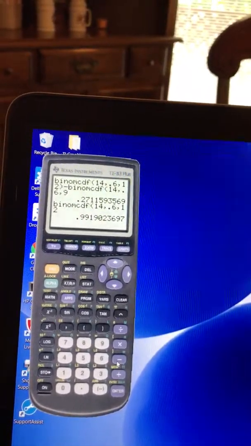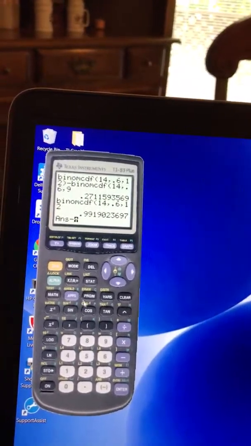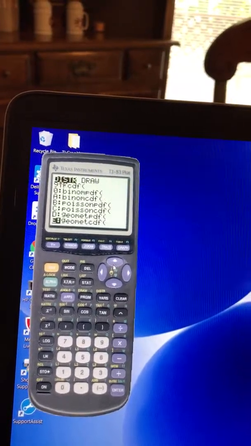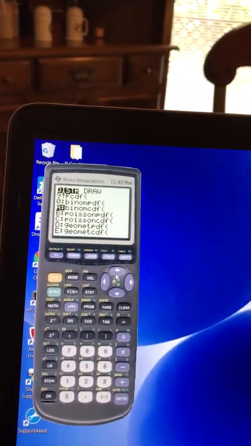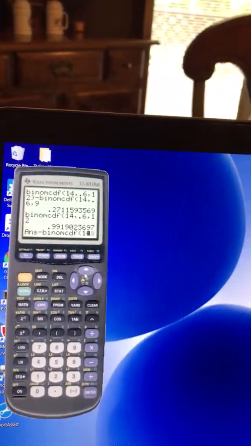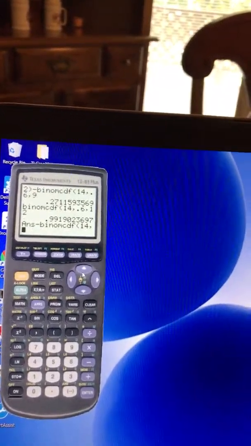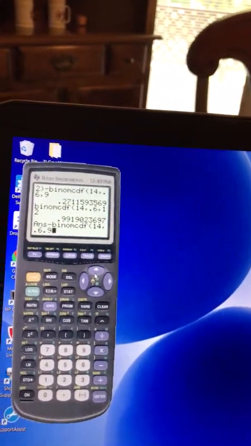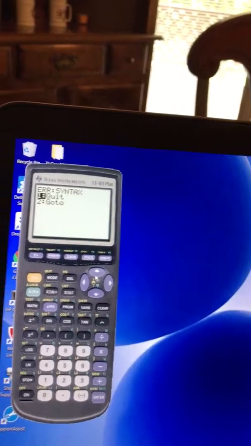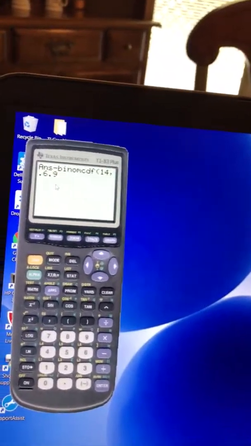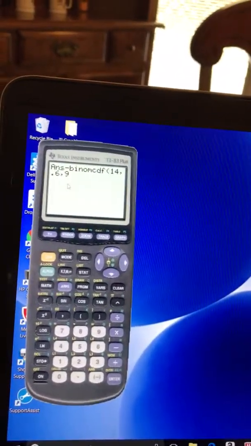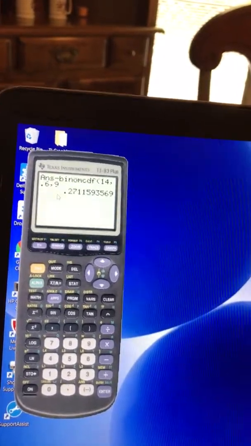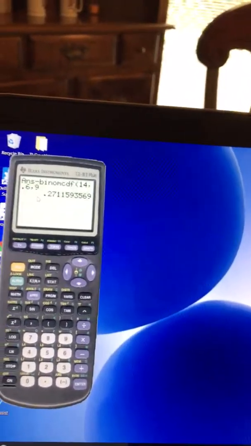It'll give you that, and then you can hit minus and then do it again. You don't have to close the parenthesis. But if you type it in together, make sure you close that parenthesis. Otherwise it'll give you a wrong answer. Oops, hit the wrong button somewhere. Oh, comma, comma, and then 9. So it still gives us 0.271. So you can also do it that way.